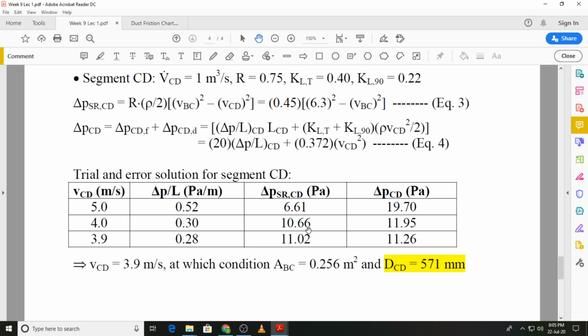When I reduced it to 4 meters per second, the two values are close enough, and I can just reduce the value slightly, because I still want to increase the value of static regain, but by a small amount.